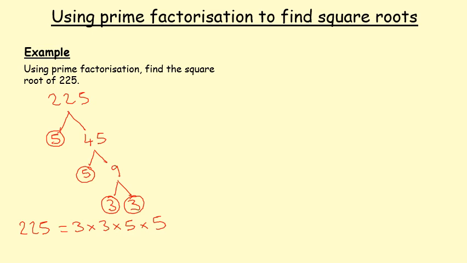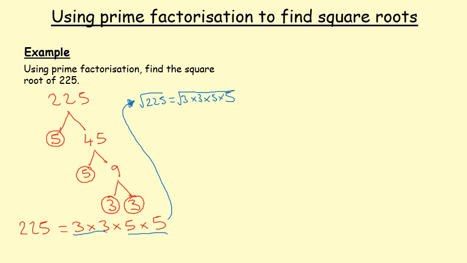Now, thinking back to the last question, we have 2 pairs of prime factors in our product of primes, and that means this is going to be a perfect square, which is what we want. So our next line in blue here, we can say the square root of 225 equals the square root of its product of primes.